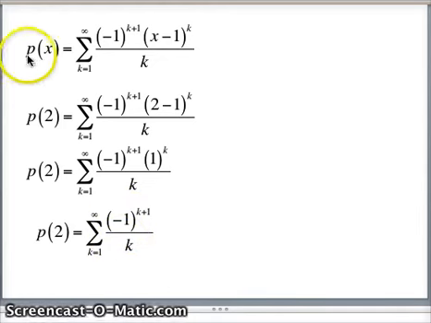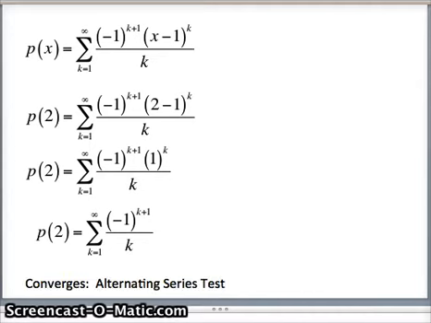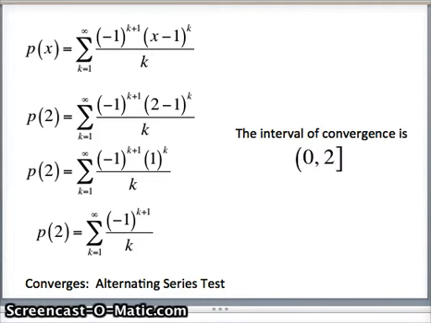So this Taylor series converges when x is 2 based on the alternating series test. Well, if that's the case, what do we conclude? It converges at 2 and it diverges at 0. So our interval of convergence is that half-open interval, open at 0 and closed at 2. And that will conclude this lesson.